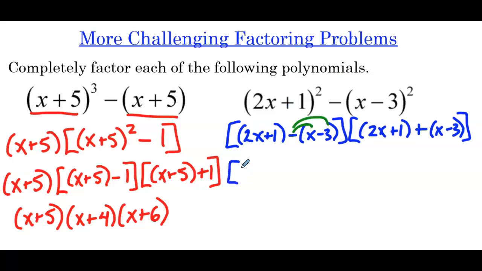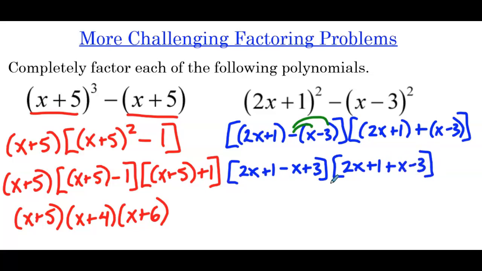So we're going to have 2x + 1 - x + 3, and then we're going to have 2x + 1 + x - 3. And we can combine like terms, so I'll change the brackets to parentheses, just so it's more familiar. So combining our like terms, the first factor is x + 4, and the next factor is 3x - 2.